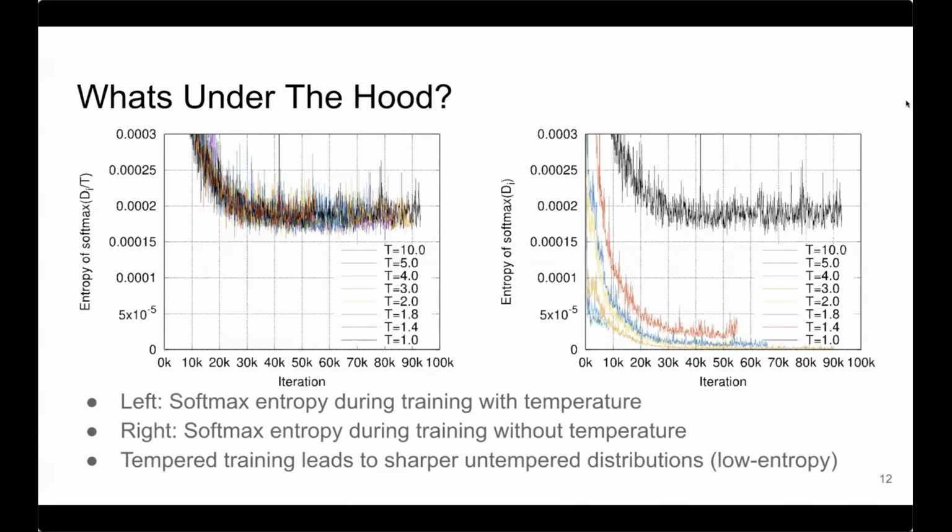We wanted to see if making the softmax smoother by temperature really does impact the final distribution or not. And you can see that during training, because of division by temperature, the softmax distribution tends to have similar entropies regardless of the temperatures used. But the moment you take this temperature out of the factor, you can see that the models trained with higher temperatures tend to have sharper and sharper softmaxes, as evidenced by their low entropies.